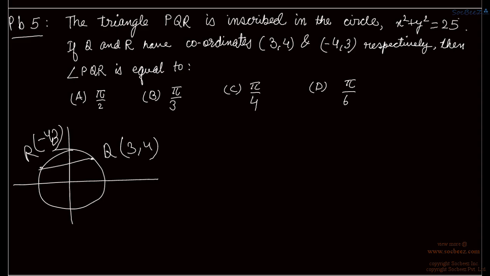And P is a point which is located on the circle. Say this is point P. P can be anywhere on the circle. So we have to find this angle, angle PQR. Okay, angle PQR. Right?